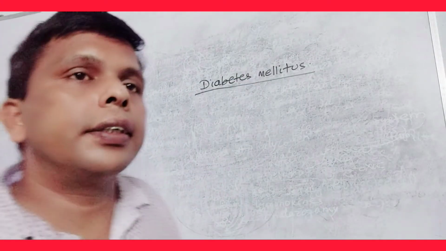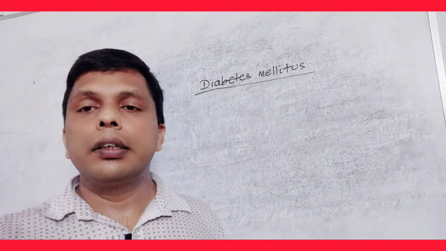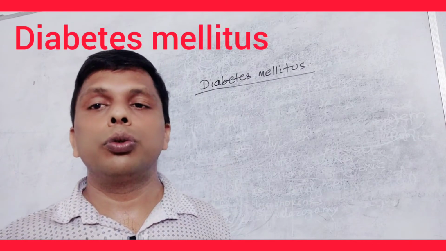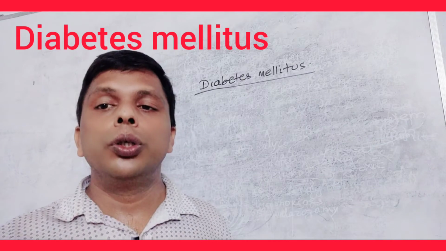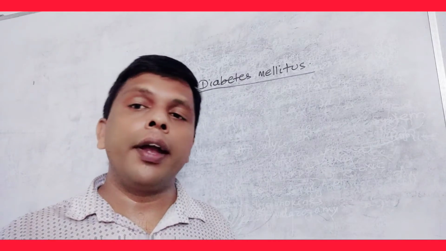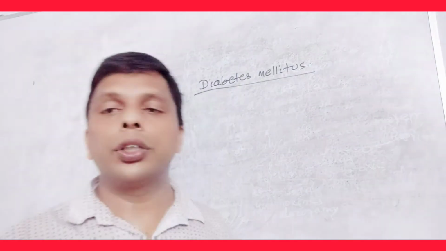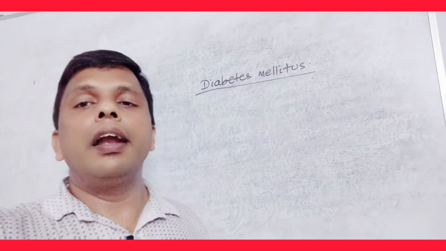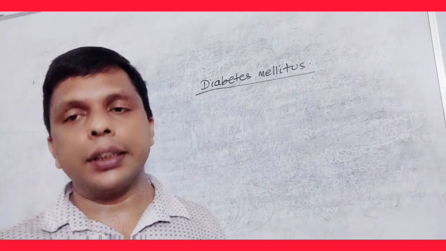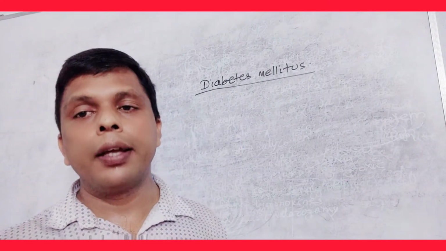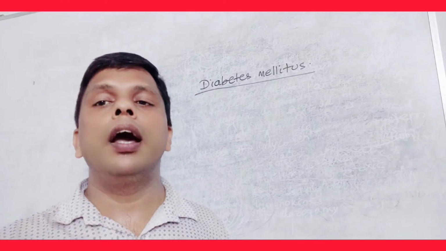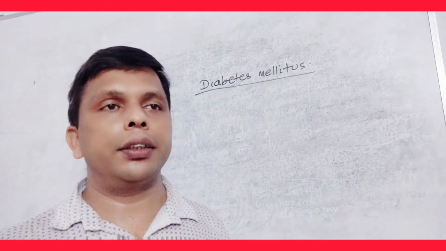It is one of the dreadful disorders which leads to inactivation of a number of physiological functions and also silently kills all other body parts, internal organs. The ability of all other organs of the body is affected by it.